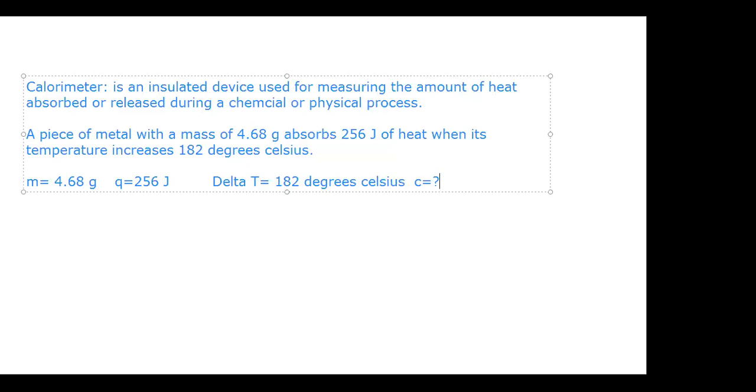And then we need to determine what this could be. So looking at this, we'll put it back into that equation that we had before, where we isolated C. So C is going to be equal to Q divided by M times delta T. All right, and so you'll plug that in, and so you'll have 256 divided by 4.68 times 182.